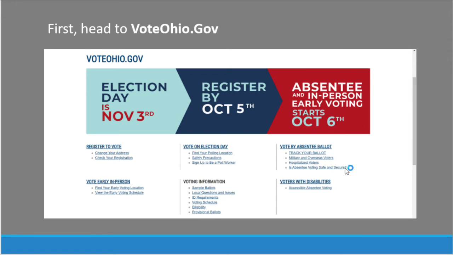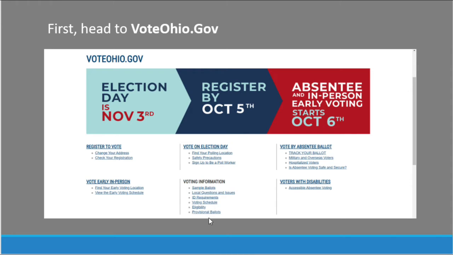We have information about absentee voting. So that includes links to more information, including tracking your ballot, military and overseas voters, hospitalized voters, and is absentee voting safe and secure. If we move to the second row of information and links, we have information about voting early in person, and below that, you can find your early voting location and view the early voting schedule.